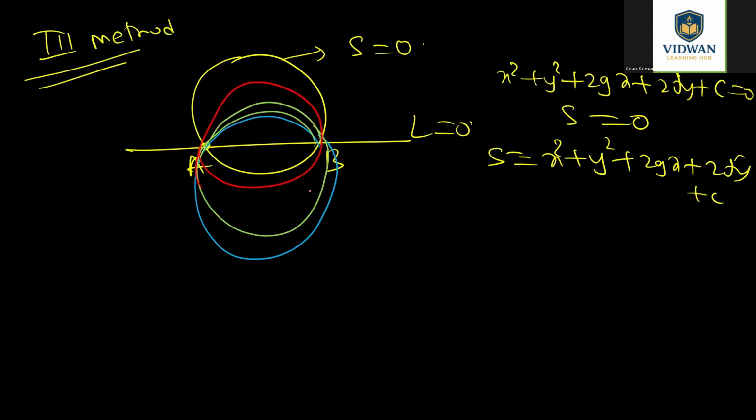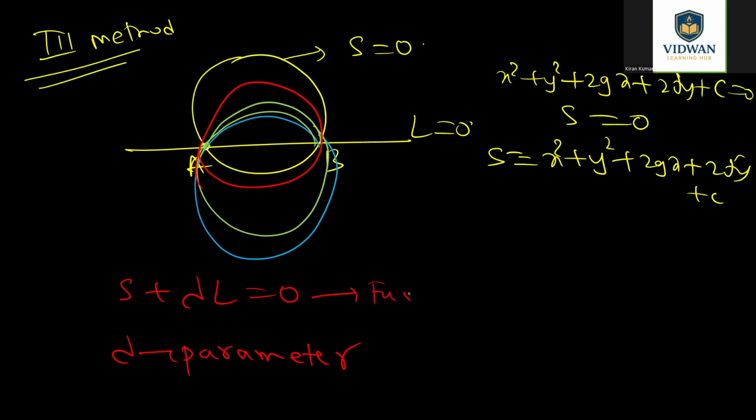All these circles have the general form S plus lambda L equal to 0, where lambda is a parameter. This is called a family of circles, and this family passes through the intersection of S and L, which is A and B.